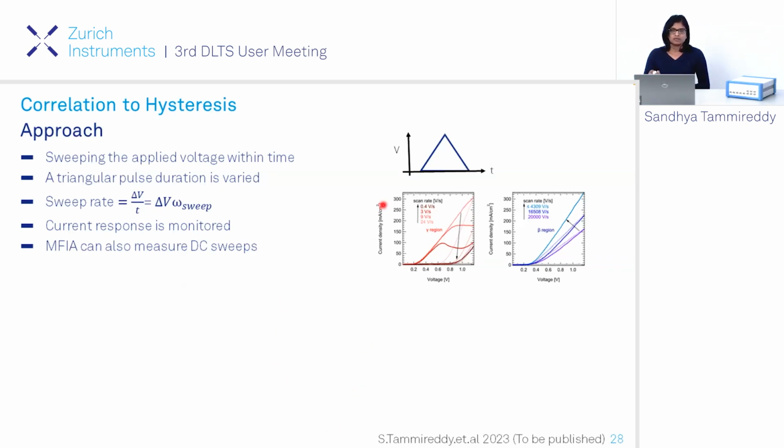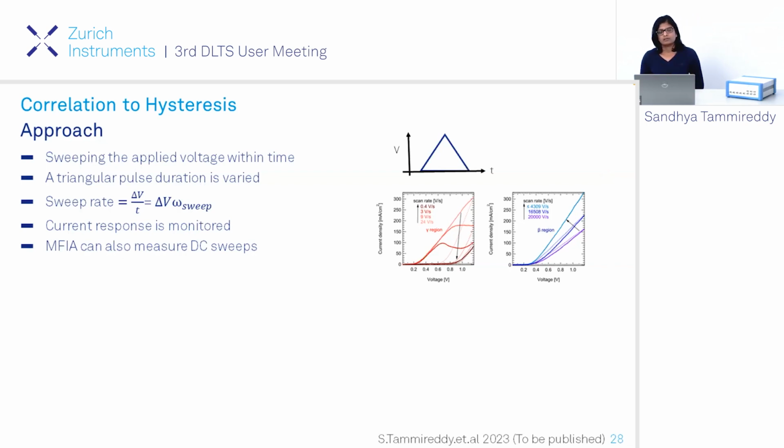We started with 200 millivolts per second and measured up to 2000 volts per second. We applied a triangular voltage pulse completely under DC conditions, in both forward and reverse directions, and we observed two entirely different responses.